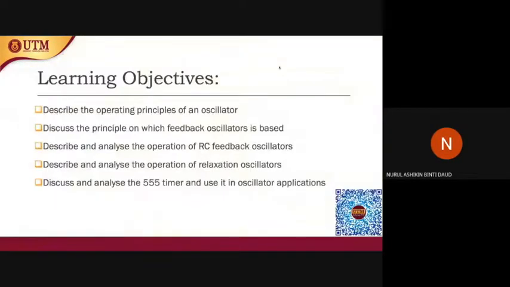So what we will cover for chapter 7: we will look at the basic operating principle of the oscillator. I think any of you that didn't know what an oscillator is, you know? An oscillator is a very basic electrical device for you to detect the output signal, to look at how the output waveform looks.